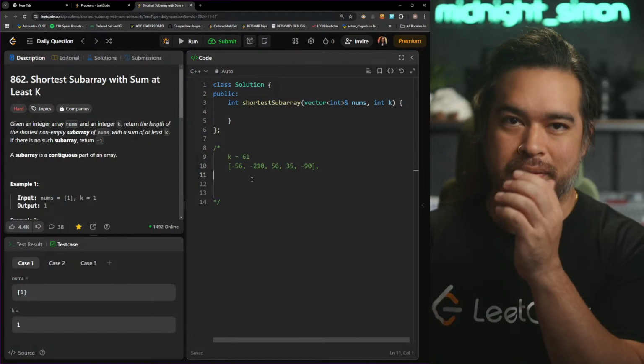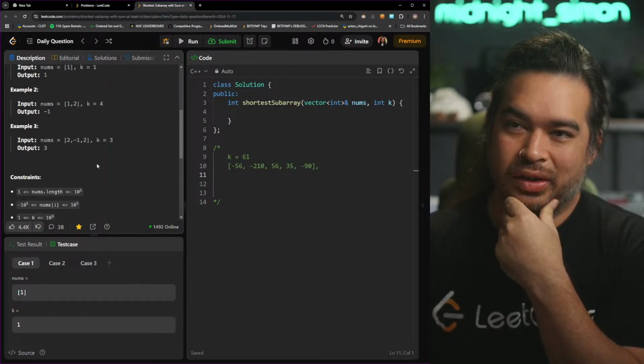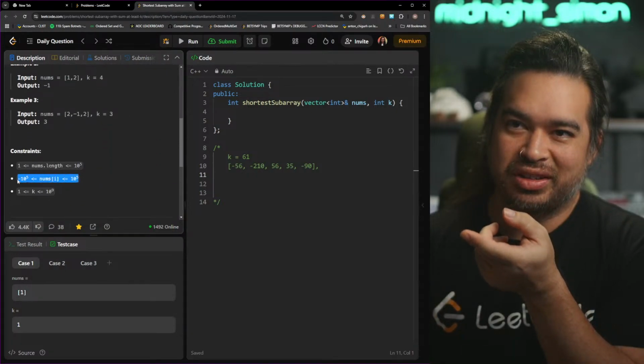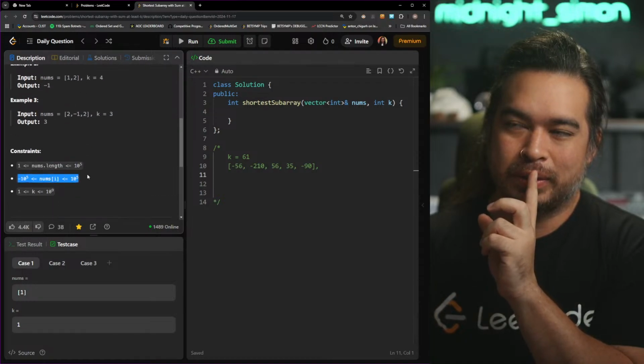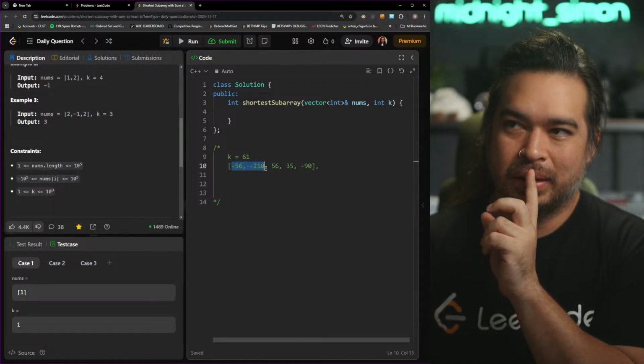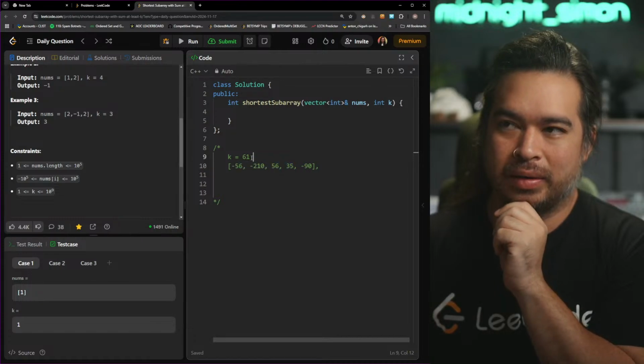I don't know. So I'm thinking about Kadane's just because of negative numbers and subarray sum, but I don't know how to apply Kadane's yet. I can get the maximum subarray sum, but oh, maybe it is something like that.